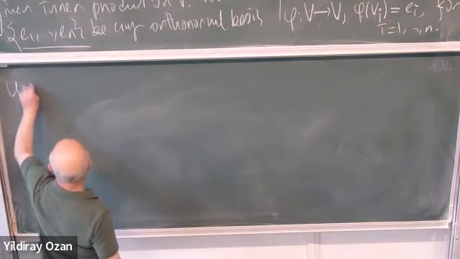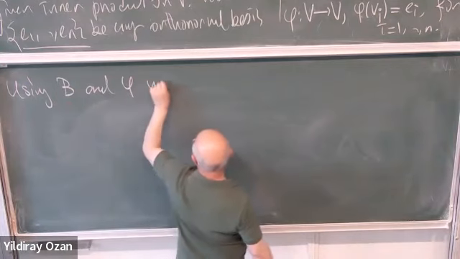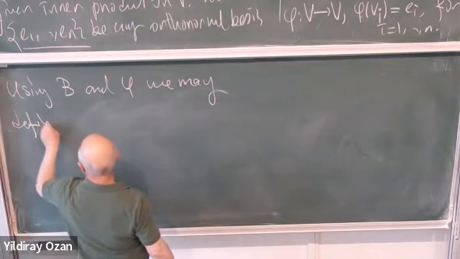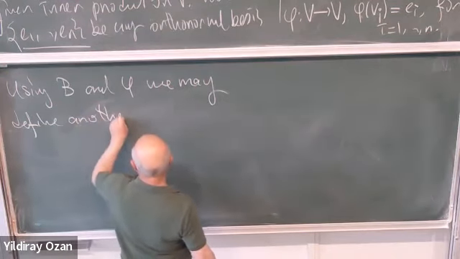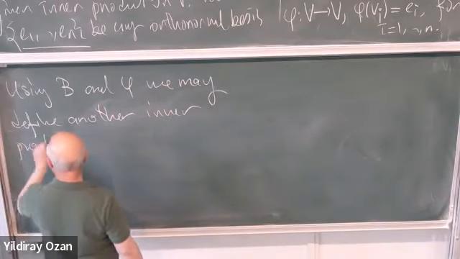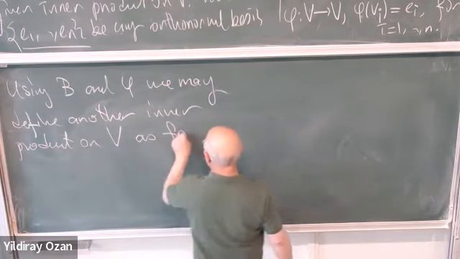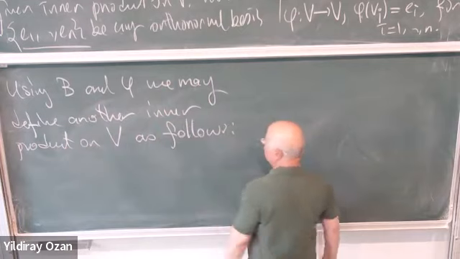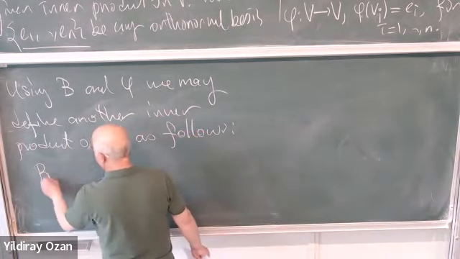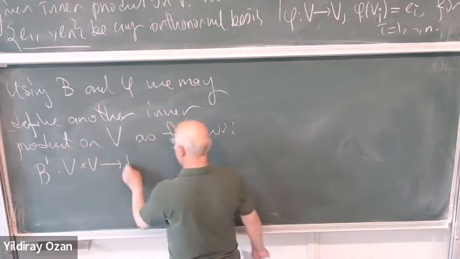Using B and phi, we may define another inner product or scalar product on V as follows. Diyelim ki B prime olsun, o B prime from V times V to the field.